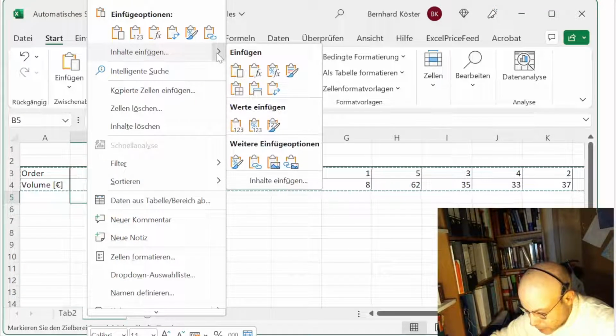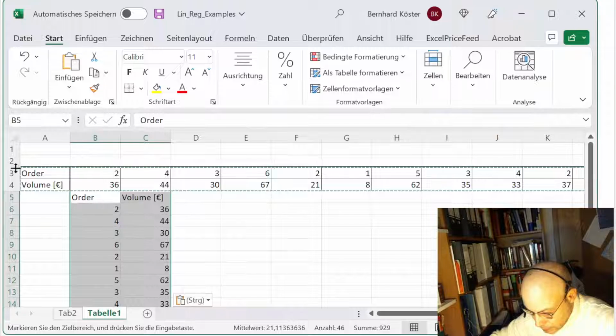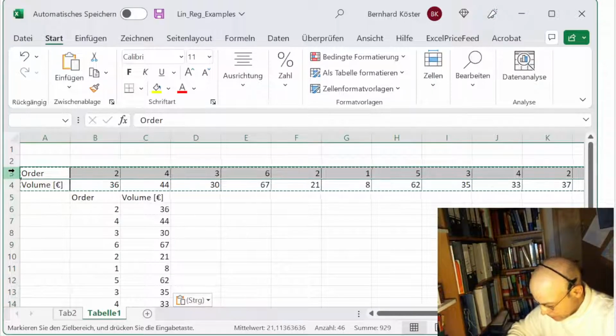So we transpose this data, and we can see it in a better way.